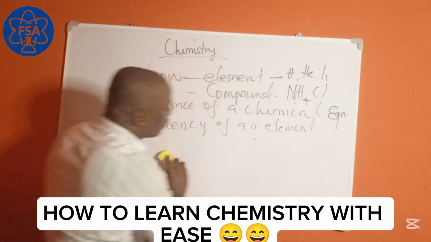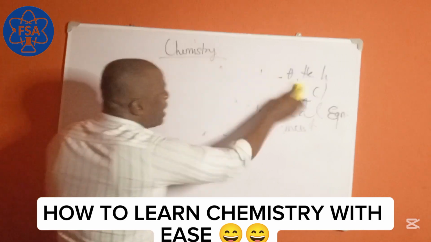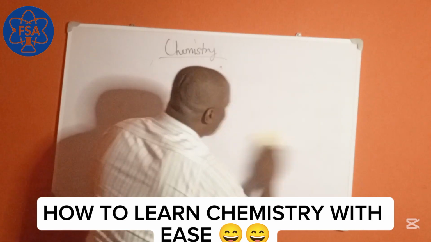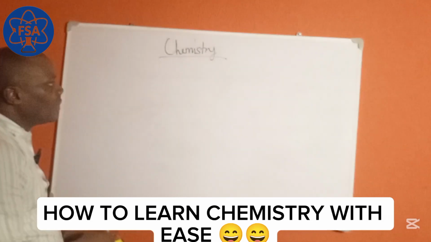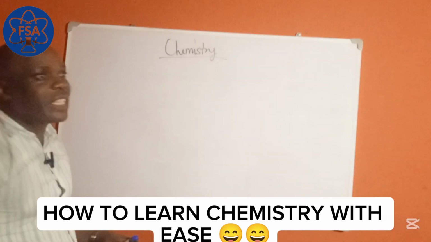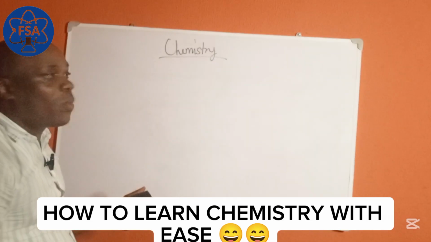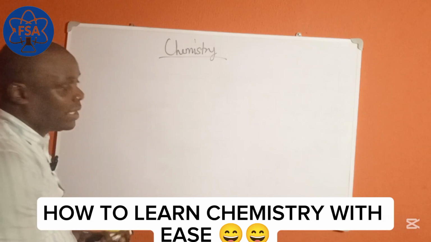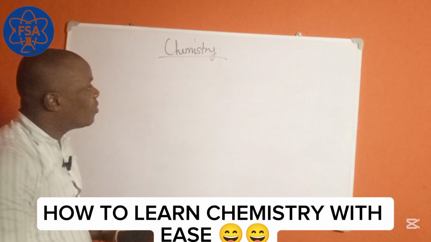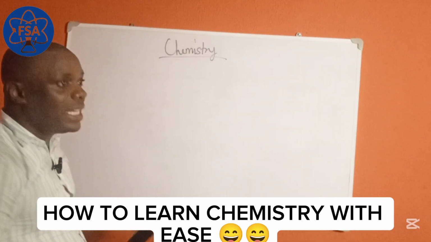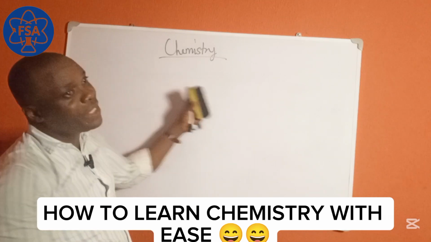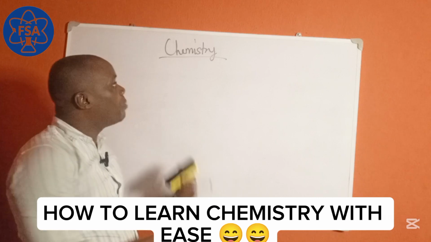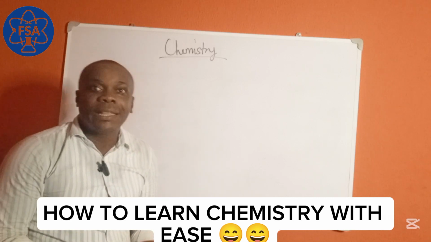Another part you need to know is the type of reactions taking place among them, because the rate at which those chemical reactions occur will also aid you to understand chemistry. Chemistry is a course that is very easy to understand when you have the basic principles behind them.